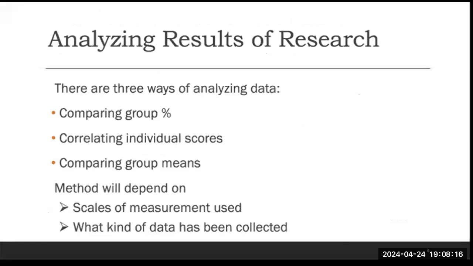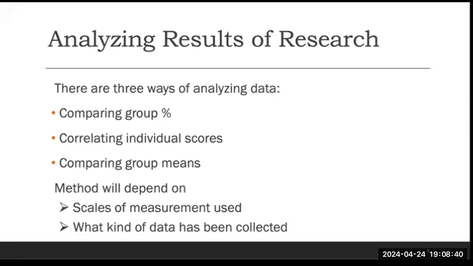So when we start to collect data and we think about research, there are really three main ways we analyze it. We're either comparing group percentages, we are correlating individual scores, or we're comparing group means. When we talk about research, for example, if we want to know if it's descriptive, we might just be talking about percentages.